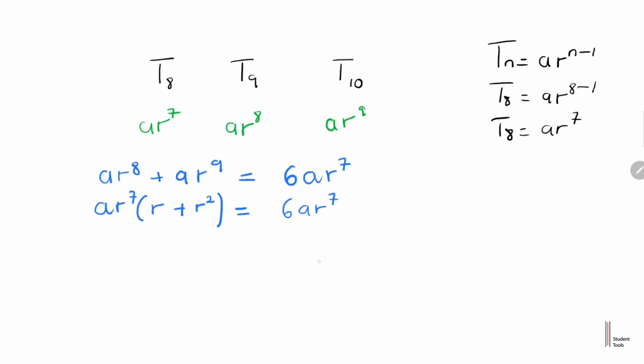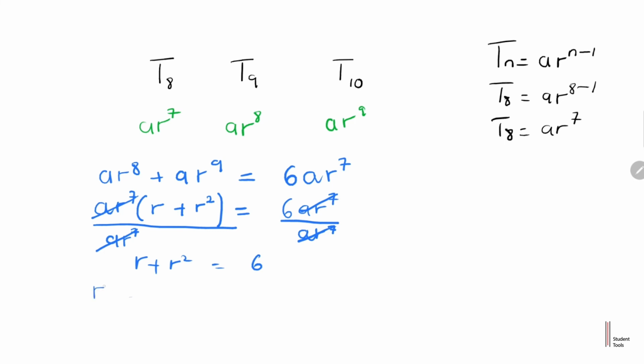We want to get rid of this a r to the power 7, so we will divide by a r to the power 7 on both sides. This will cancel this, and this will cancel this, such that we will be left with r plus r squared equal to 6. Now let's rearrange this and start with the r squared.